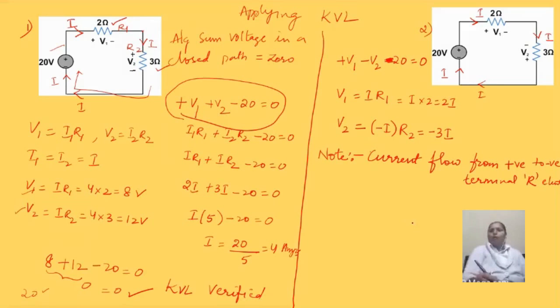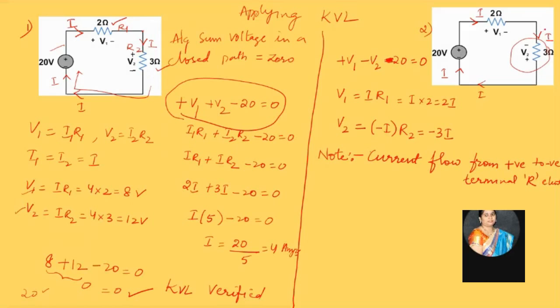But here, as you observe, the current is entering at minus and leaving at plus. That means it is flowing from negative to positive. So the direction of current for this resistor is opposite to the direction of current we have taken. It should be like this, but it is in the reverse manner. That's the reason negative of I is being taken.